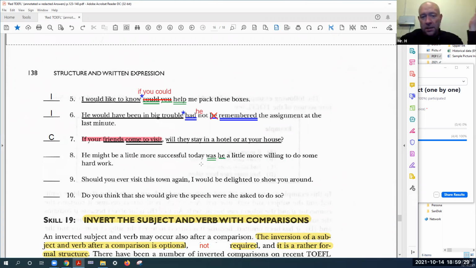And then something is missing. What's missing? The if connector, right? Where should it be? Just before it, right? Now you said it's incorrect. And why is that? Because we need to use were, not was.